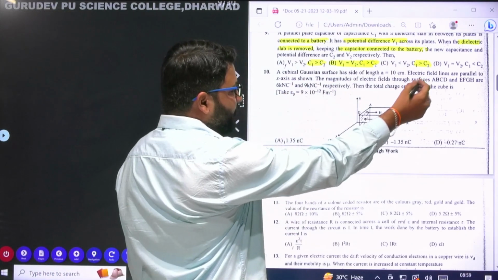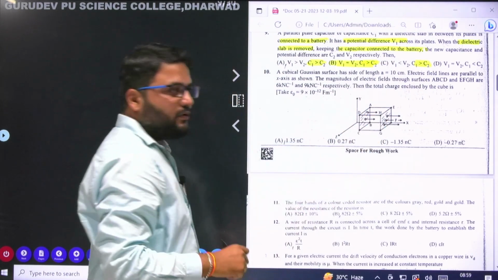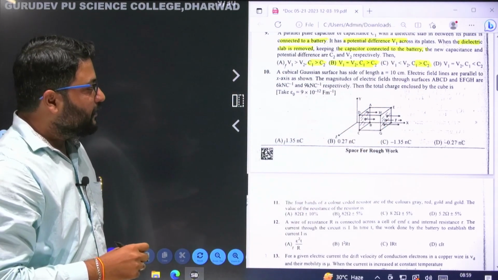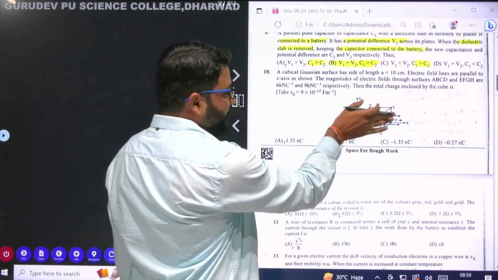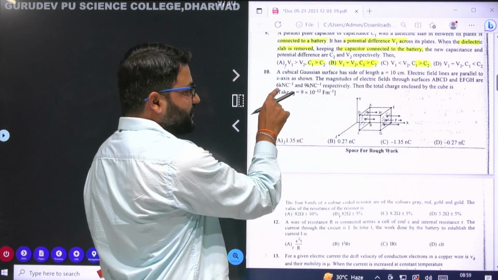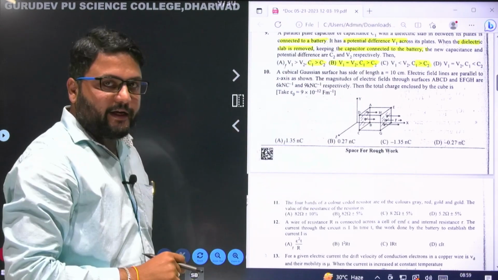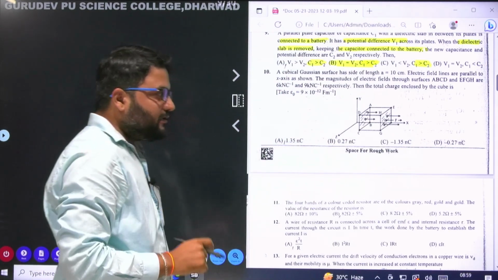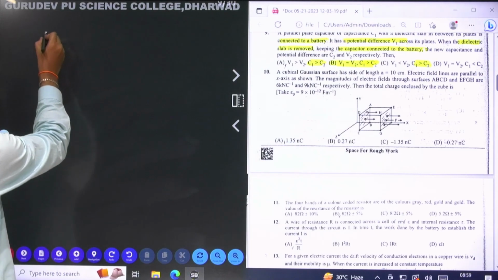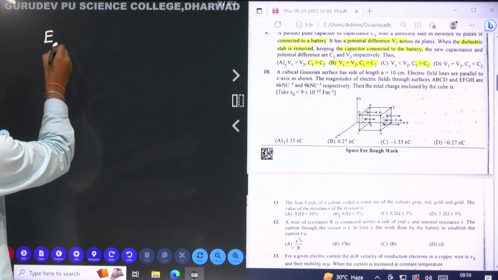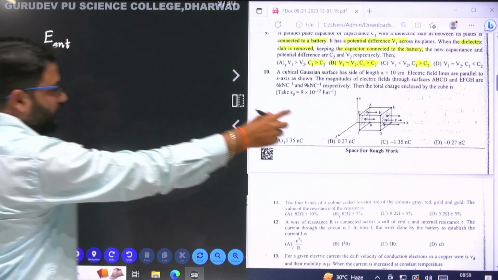While you read the question, you get to know that there is a cube whose side length is 10 centimeter. Now they are telling you that from one face you are having a flux entering. So the flux entering is 6 kilo newton per coulomb, but we have to multiply area to that. So this is the electric field which is given. Let us say the electric field E entering, I am saying entering means it is entering the cube.